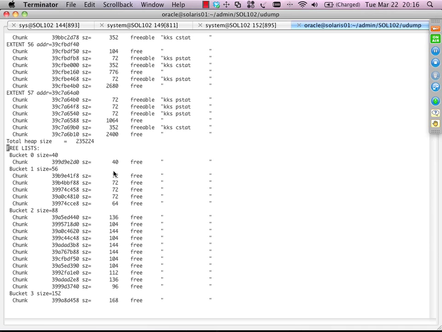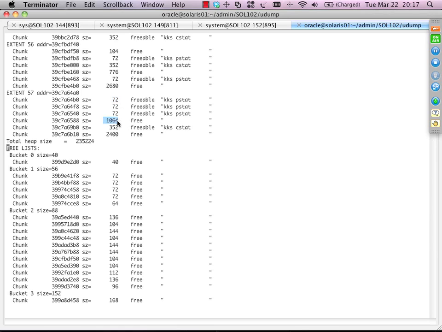So the heap dump, I'm not going to go into much detail. The heap dump is this. Oracle allocates shared pool heap in extents as well. So there are things called memory extents, and what you see is the address of that extent or the chunk in the extent where it begins, the size of it, and the status.